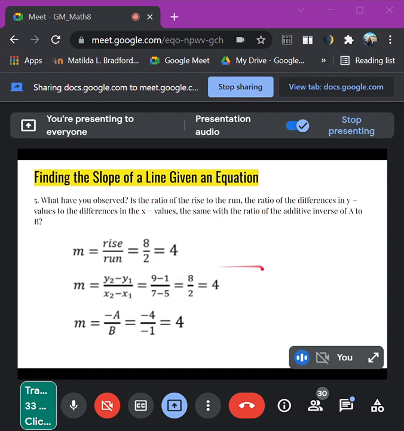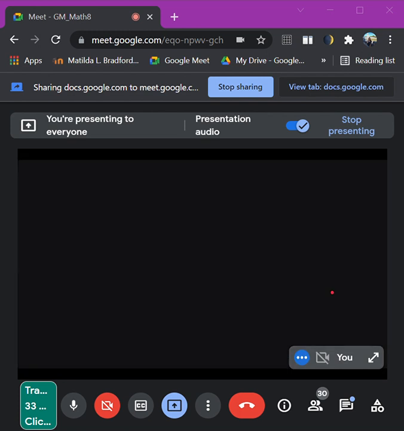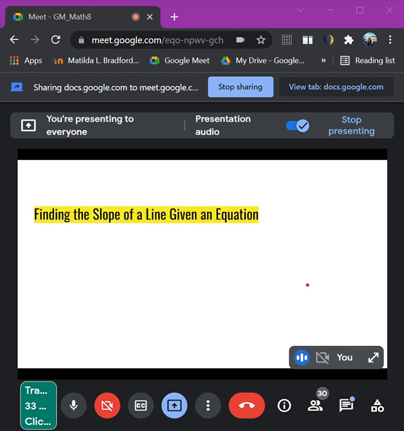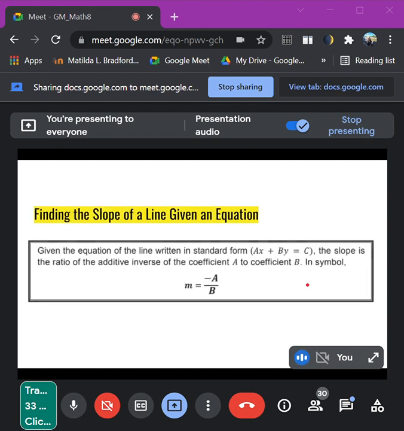Okay, so as you can see, they have the same answer. Remember that in finding the slope of a line given an equation, it should be written in standard form to get the slope.